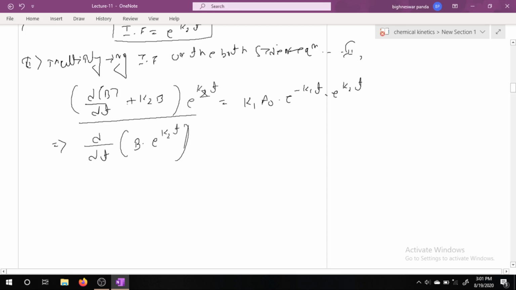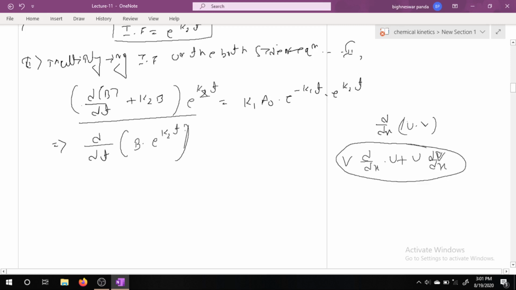So what is the value I can write here? d by dt: B is a variable and e to the power k2t is also a variable, so this is just like in differentiation of d by dx of u into v, means d by dx of u by putting v constant plus u into d by dx of v.